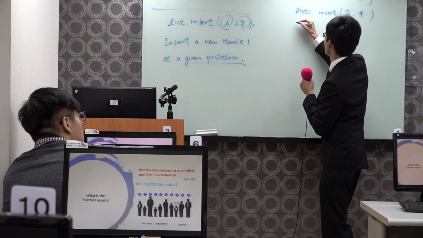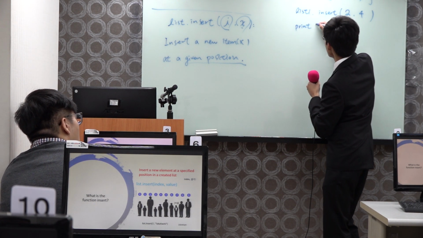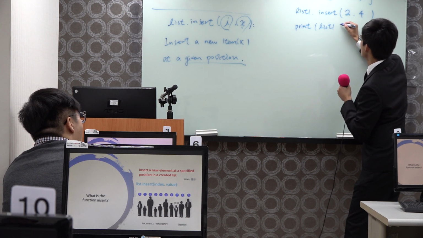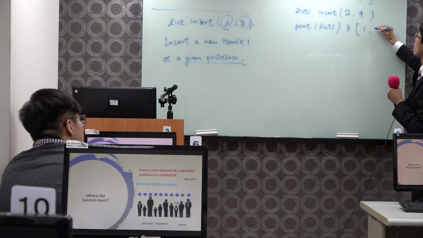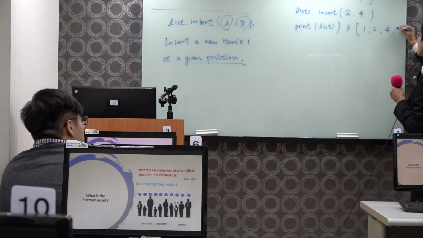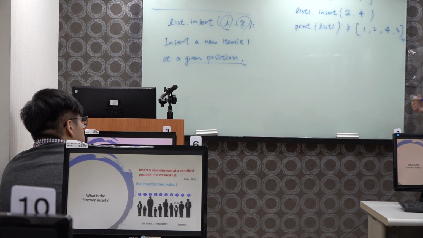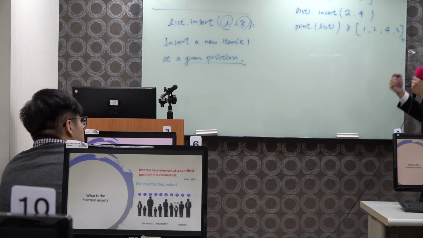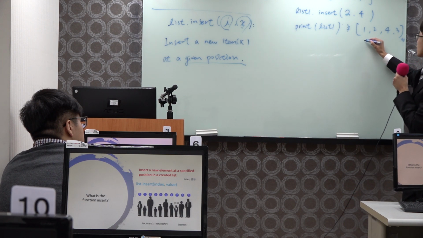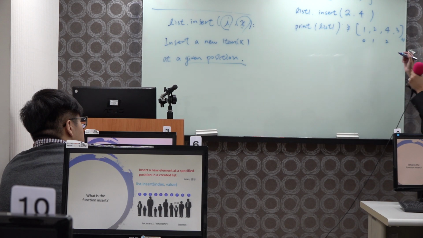Now I print it, and we get a new list: 1, 2, 4, 3. Why? Because the index starts from the head, so this is 0, 1, 2. At the index 2, I want to put the item 4. So the answer is 1, 2, 4, 3.